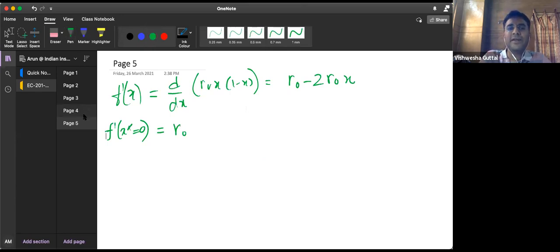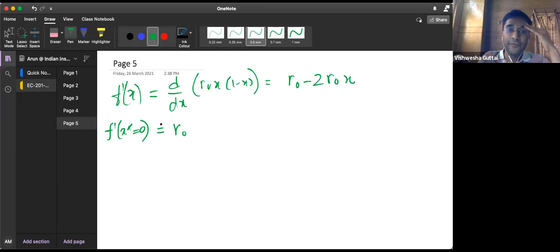And remember, what's the interpretation of f prime of x star? f prime of x star is basically the per capita growth rate of the perturbation. When the per capita growth rate is positive, there will be an increase, and when it is negative, there will be a decrease. Always remember this.